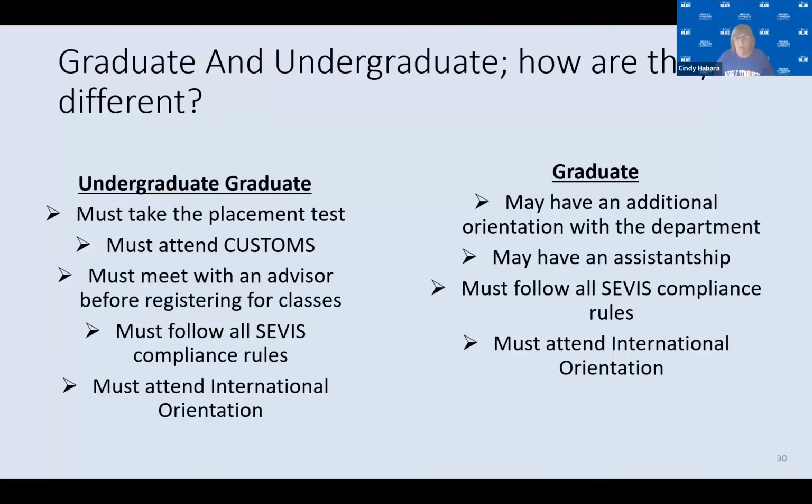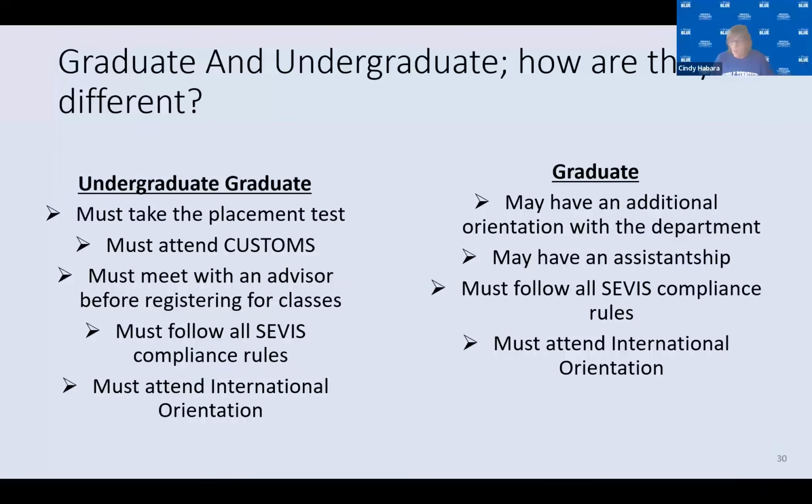The one thing I will say for grad and undergrad, you have 2 different areas of your education here. You have your academic area. You also have your immigration area. The academic advisor does not know immigration rules. They're not supposed to know the immigration rules.